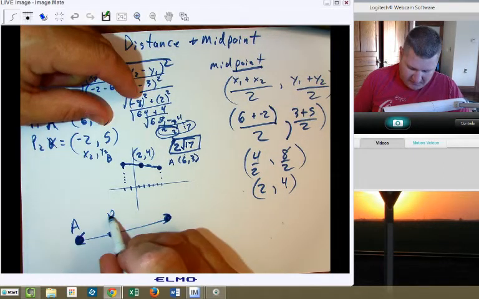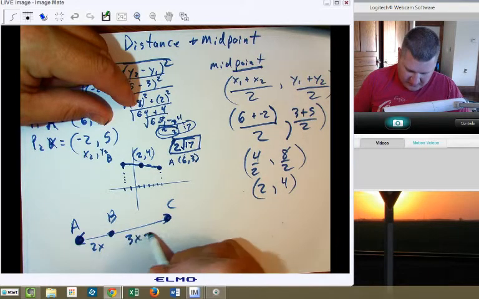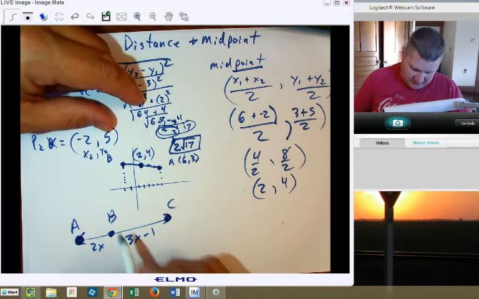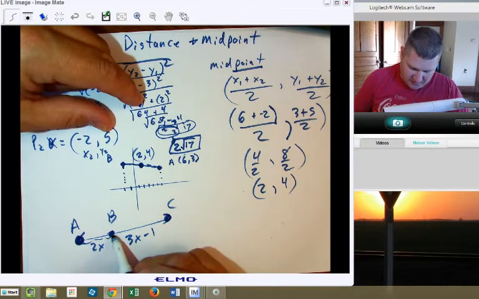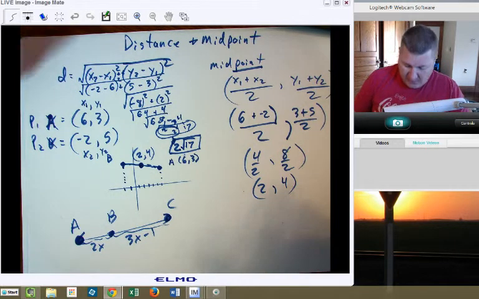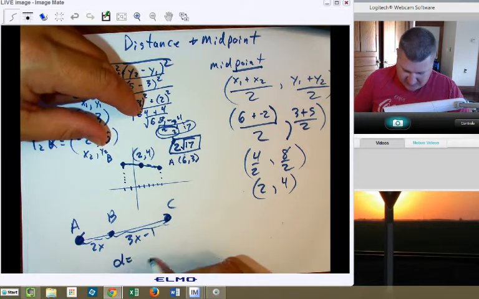So let's go A, B, C. If this is 2x and this is 3x minus 1, and that's what the length of this is labeled. It's an unknown distance and an unknown distance, but we have those relationships. We need some other piece of information, and that information is if the distance equals, I don't know, 14.